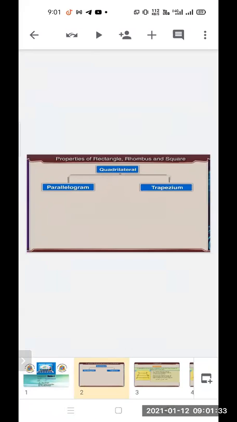We know that a trapezium is also a type of quadrilateral where only one pair of opposite sides is parallel. Then that quadrilateral is called a trapezium.